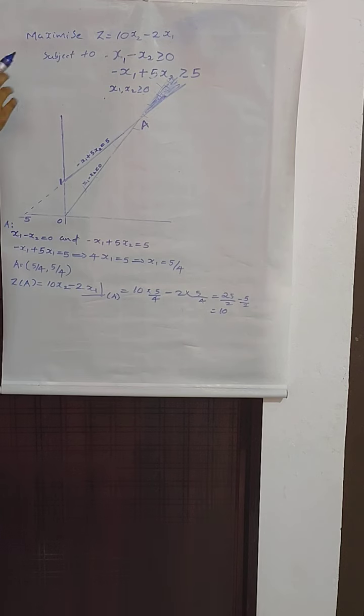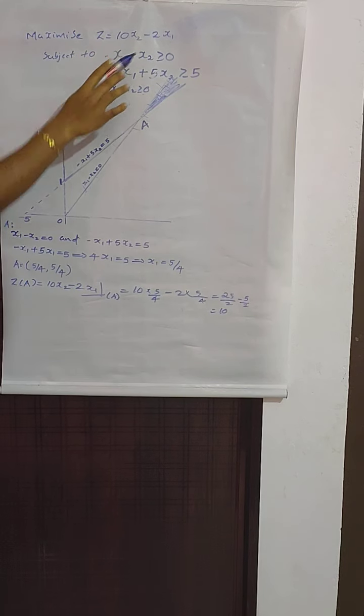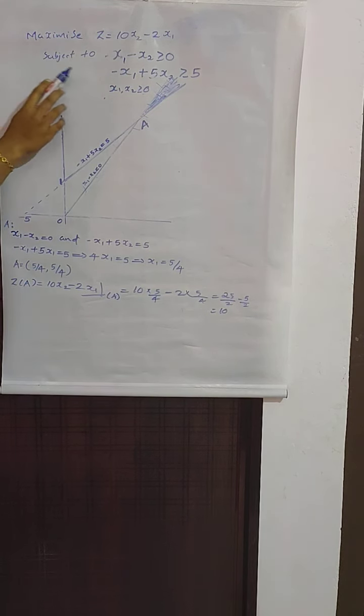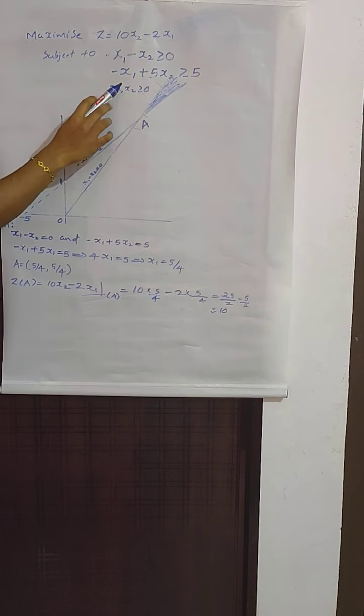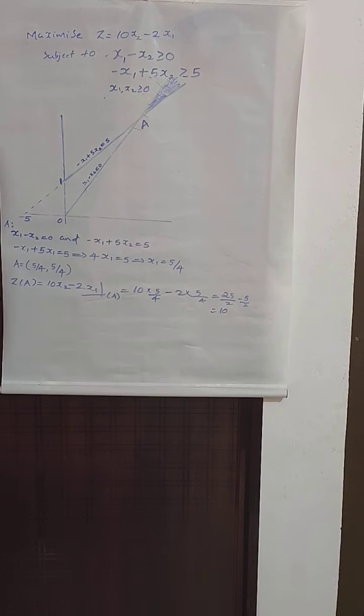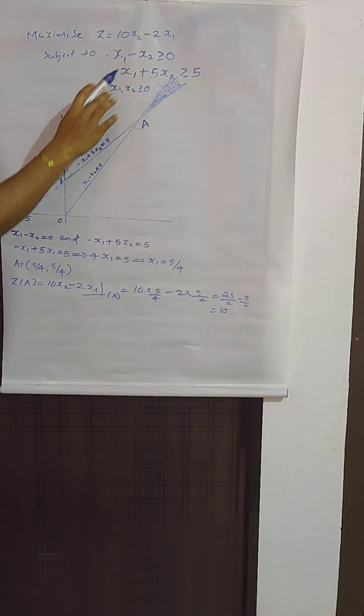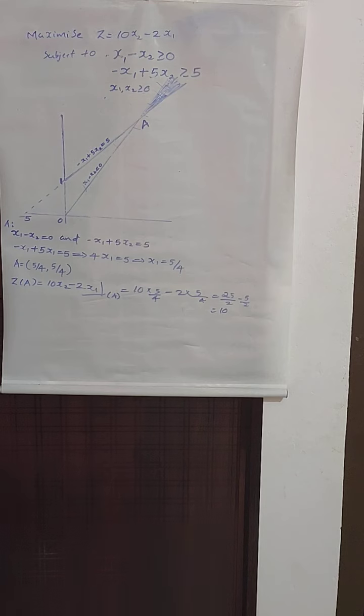Maximize z equal to 10x2 minus 2x1 subject to the constraints x1 minus x2 greater than or equal to 0, minus x1 plus 5x2 greater than or equal to 5, and x1, x2 greater than or equal to 0. To draw the graph, we first consider the inequality x1 minus x2 greater than or equal to 0 and take the equality x1 minus x2 equal to 0.